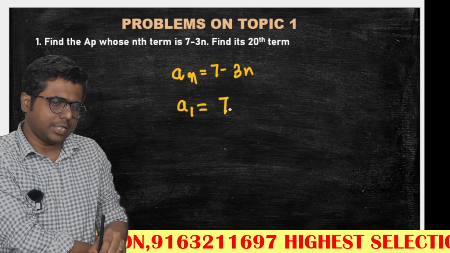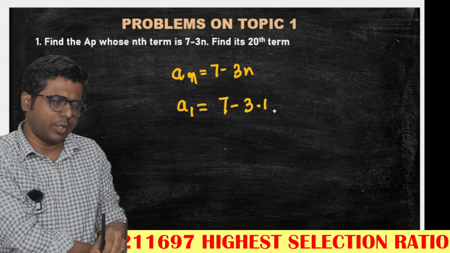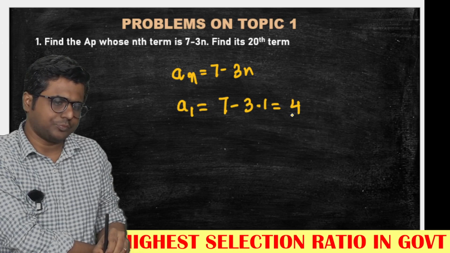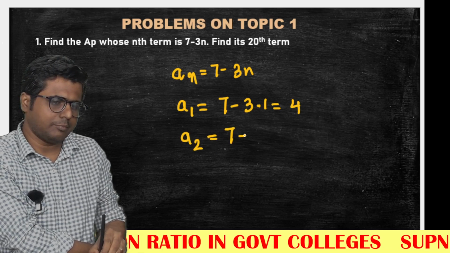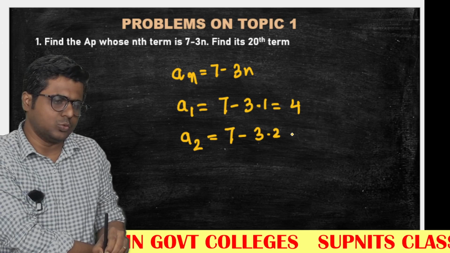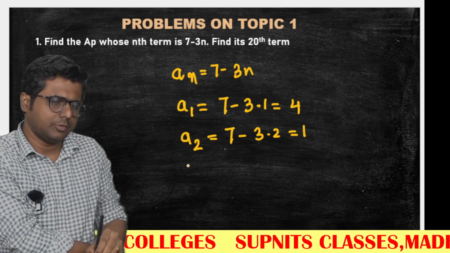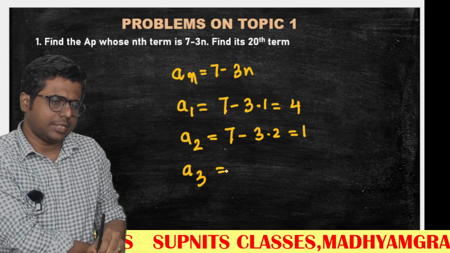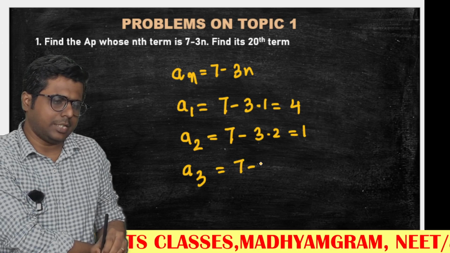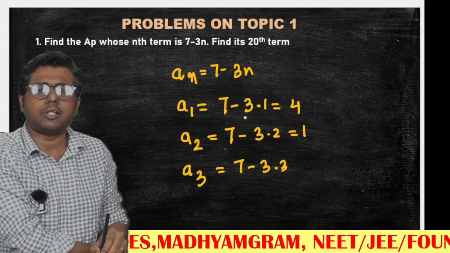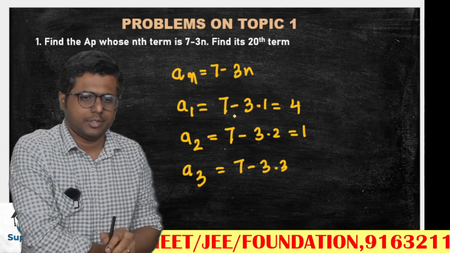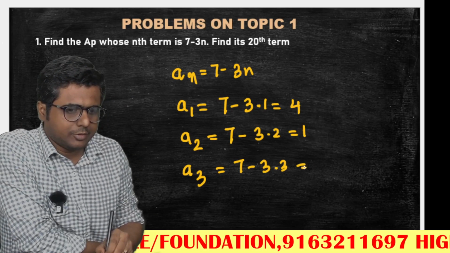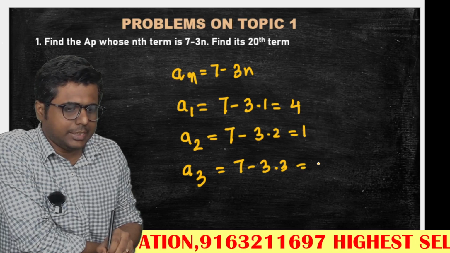Definitely. 7 minus 3 into 1, that is 4. What about a2? a2 is 7 minus 3 into 2, that is 1. What about a3? That is nothing but 7 minus 3 into 3. So, in place of n you are going to put the number whatever an is given, and easily you can get over here 7 minus 9, that is minus 2.